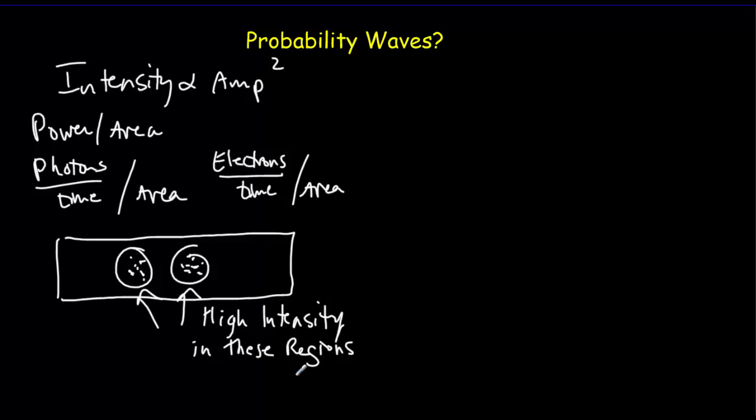Now, if we hadn't made those detections, it would be nice if we had some theory that would predict where we'd get high intensity. And of course, we're going to get a high intensity of electrons where there's a high probability of finding the electrons. In other words, intensity is a measure of probability. Intensity and probability are proportional to one another.